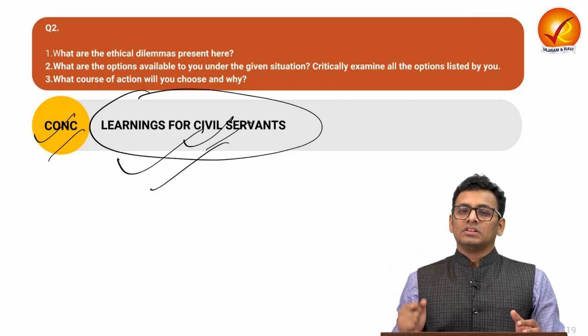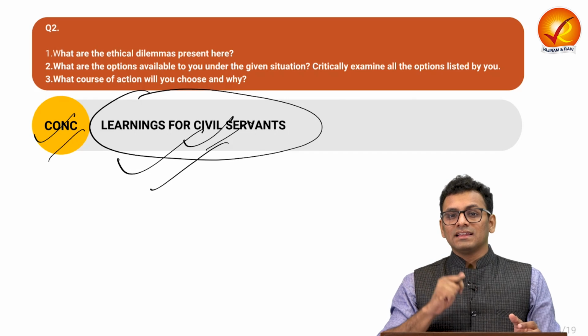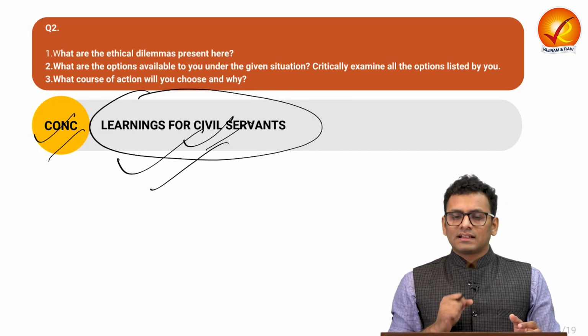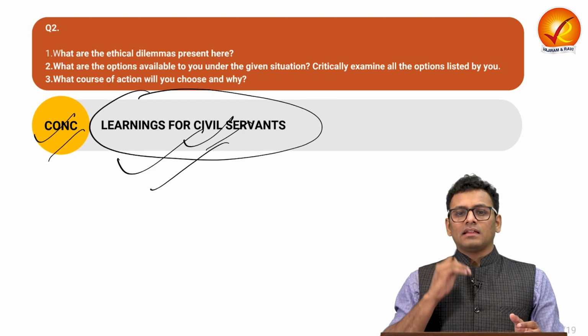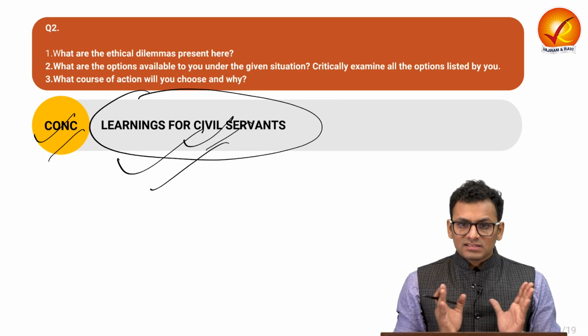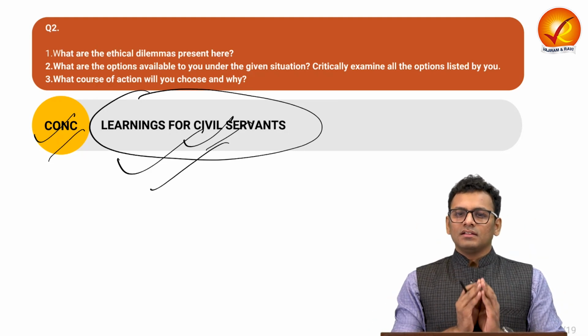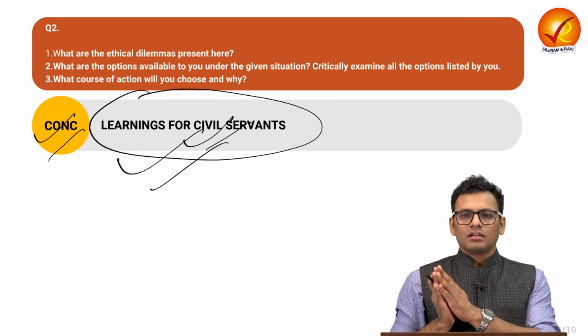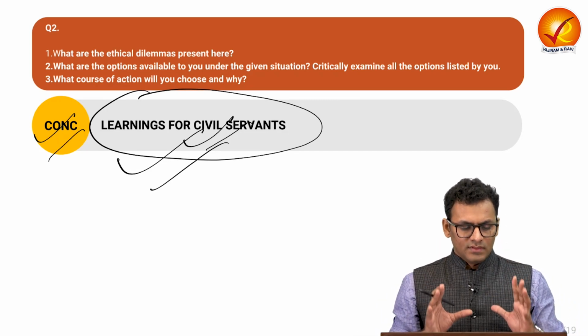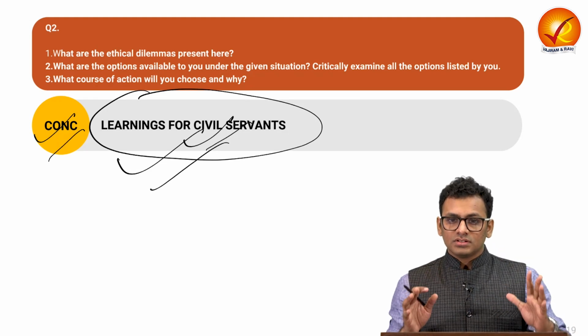At the same time, they also should have the values of integrity, as in whenever there is illegal activity or any unethical activities are going on, they operate and they proactively report the same to ensure that the entire system, as in the governance, is operating with the right values, as in ethical values, and thus that model is transformed into the good governance model. So that's it for question number 2 conclusion.